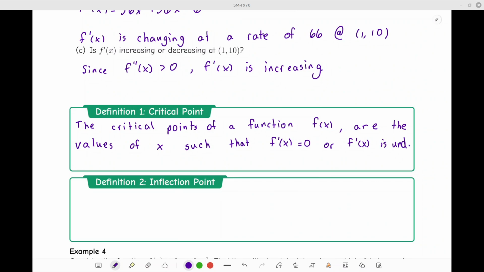So in other words, if you have a horizontal tangent line or an undefined tangent line, we are going to be calling these critical points.